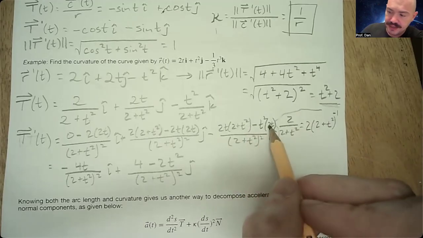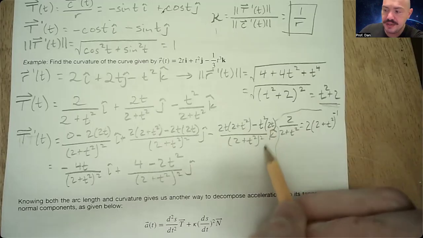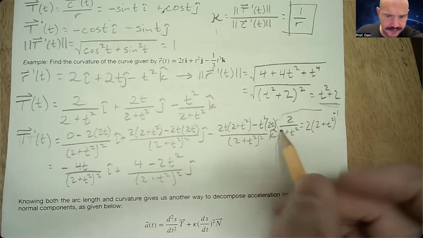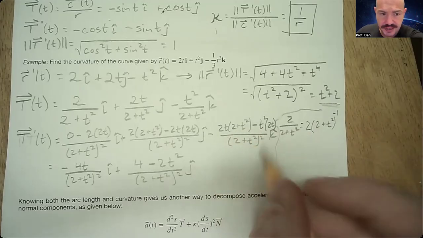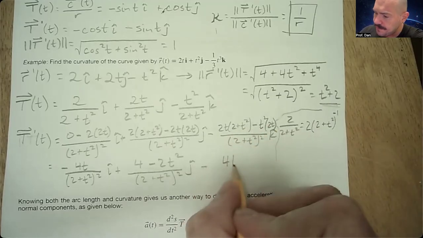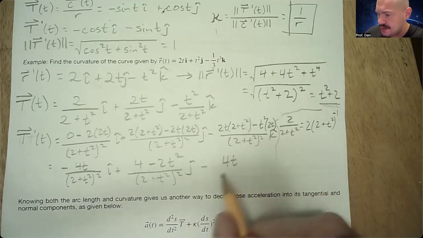When I multiply this, I also get 2t cubed. So those will end up subtracting out, and we're left with just 4t as the numerator.